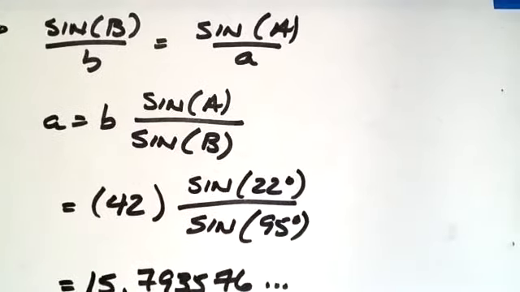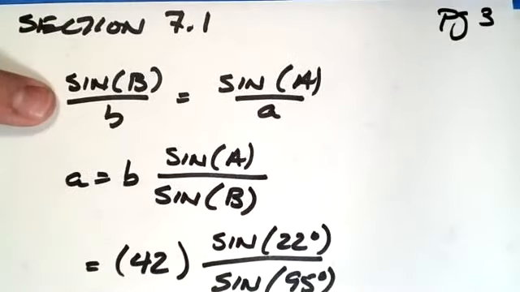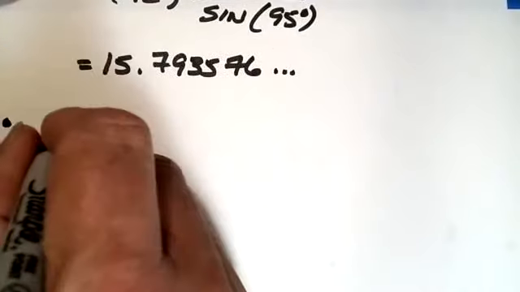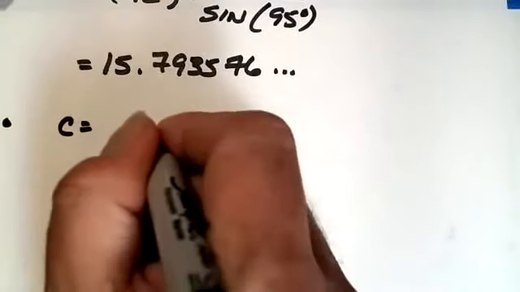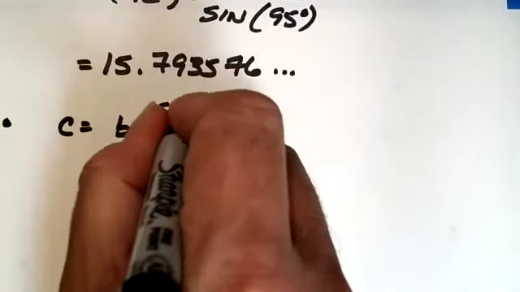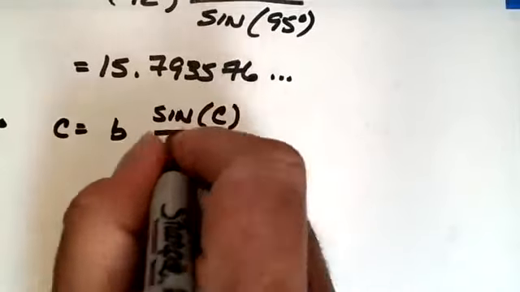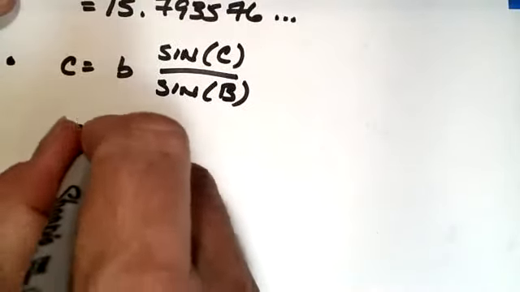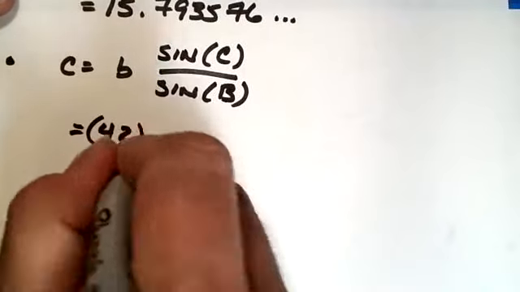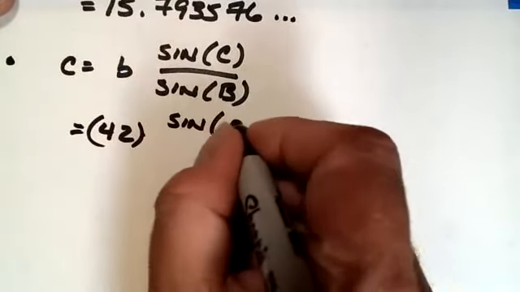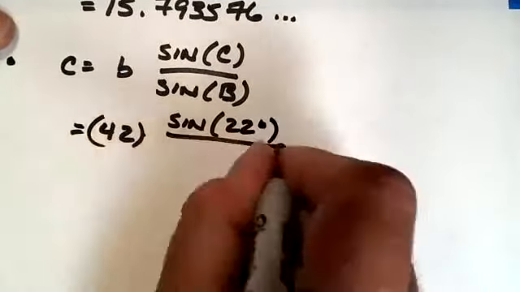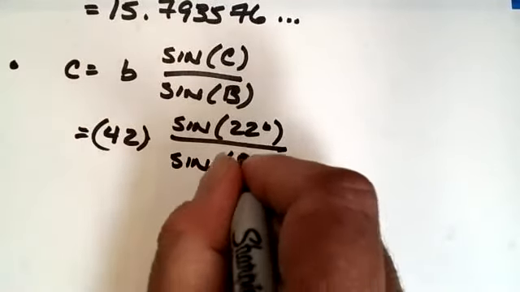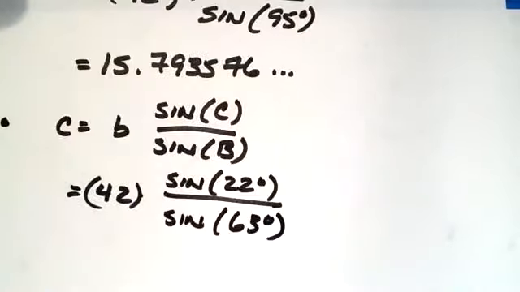We start with a very similar formula, and we're going to end up with one that is very similar as well. To find C, C is equal to, again, B times sine of C over sine of B, which we have 42 times the sine of 22. And as you recall, C was 63 degrees, so sine of 63 degrees.